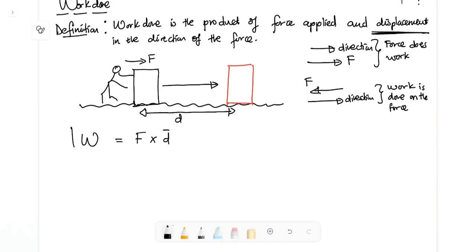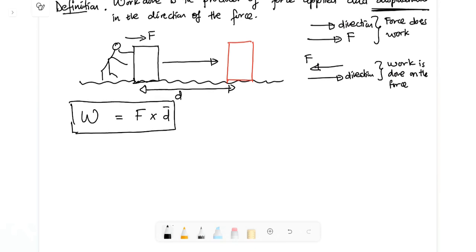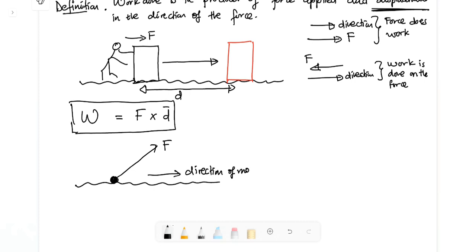Right, at lower levels, yes, this formula is very useful, like in the case that I just illustrated up here. But then once you get to A level and moving forward, you realize that you must be careful, because in some cases, for instance, let's say I have my object here. This is an object, right? And then it happens that there is a force acting on this object in that direction, but then the direction of motion is this one, direction of motion.